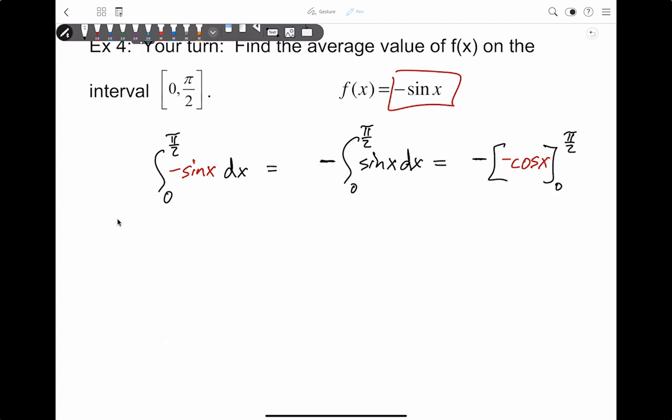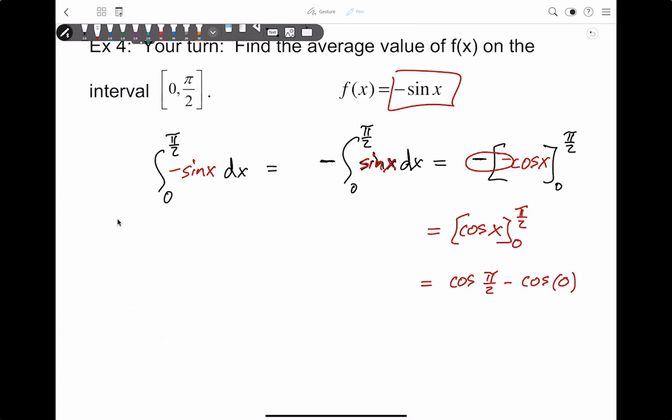I know it's been a minute since we've done this, but this negative cosine is the antiderivative of this sine in here. And these two negatives constant multiple rule out to be a positive, so that I have cosine from 0 to pi over 2, which by the fundamental theorem is going to be cosine of pi over 2 minus the cosine of 0.